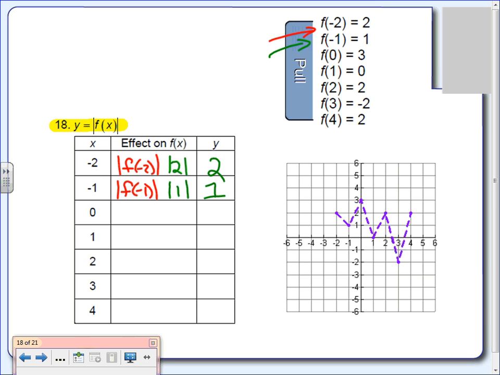Plug in 0. f of 0 is 3. If I take the absolute value of 3, you're going to get a 3. Now let's plug in a what? f of 1. f of 1 is 0. And what's the absolute value of 0? Absolute value of 0 is still a 0.